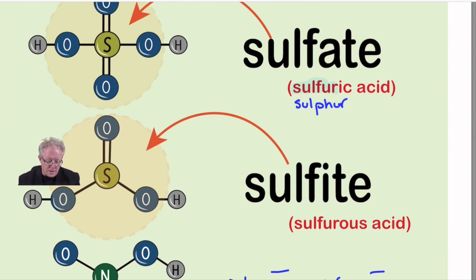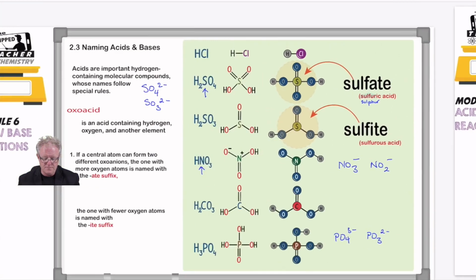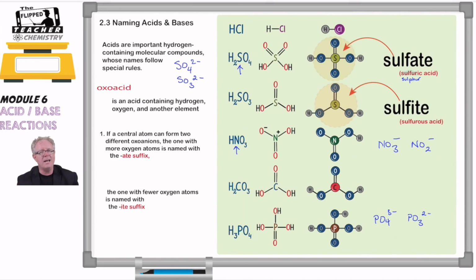So if we look at the way this is spelt here, we can see that the first bit there is sulfur, and then we have the ic for the acid, so sulfuric. So ate goes to ic, nitrate goes to nitric acid, carbonate goes to carbonic. So we've got that ic at the end.